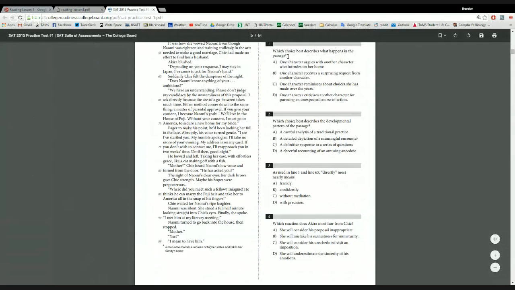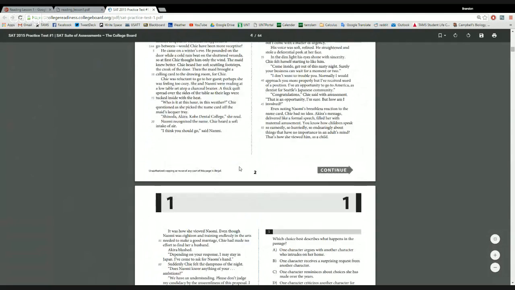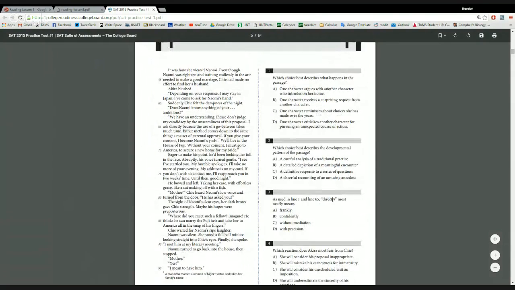Now, as you can see in number 1 right here, this one has no specified lines, so we're just going to skip that. These were probably main idea questions or a summary question. Then we encounter number 3, and it says to go to line 1 and line 65. "Directly" most nearly means.